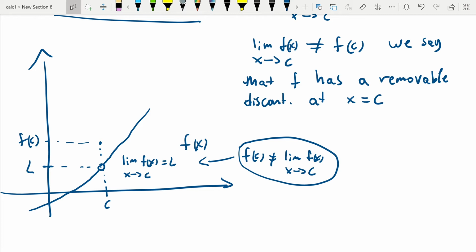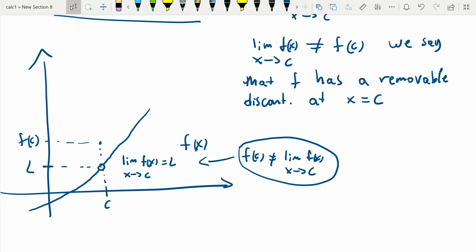You have not assigned a number to f at the point, and therefore the limit cannot equal something that does not exist. Okay, so that's also a removable discontinuity. So even if there was no value assigned to f at the point, this will still be a removable discontinuity.